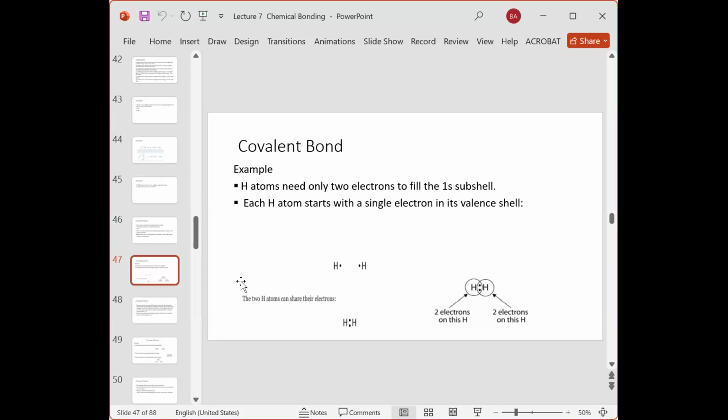So the hydrogen has to find another hydrogen, bond with it, and share the electrons. Then each hydrogen will have 2 electrons in its atomic shell, as you can see from here. This hydrogen comes together with this hydrogen, and then everybody has 2. That's why we call it covalent bonding.